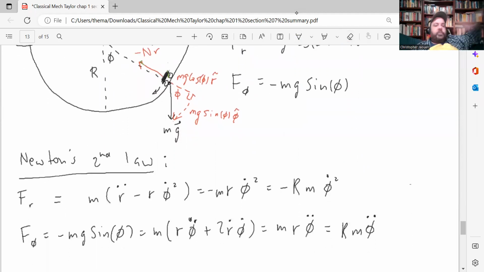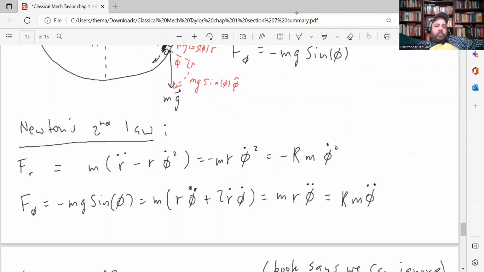Right, so Newton's second law, just writing it out, the one that we derived before, Fr is equal to this expression here, which we can simplify because we know that R is fixed. So that means that the second derivative of R is zero, right? Because R is a constant.